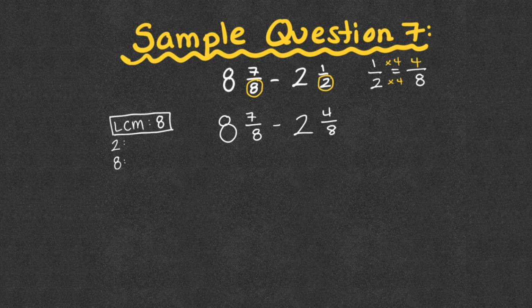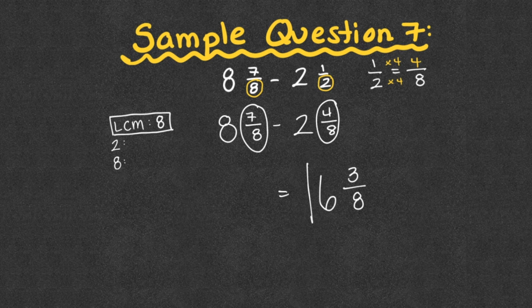Why we do equivalent fractions first is to see if you have to borrow. Can I do 7 eighths minus 4 eighths? Yes, 7 minus 4 is 3 eighths. The larger number came first. 8 minus 2 is 6. We get 6 and 3 eighths.